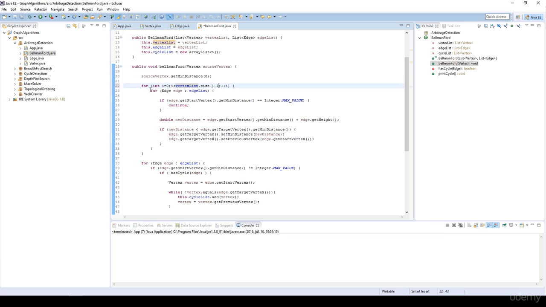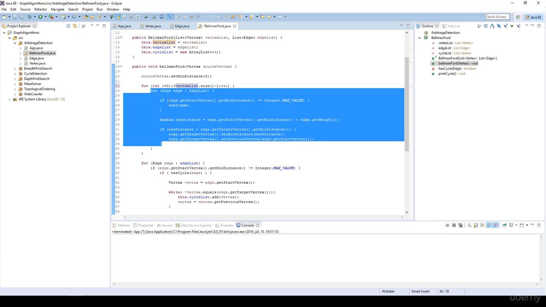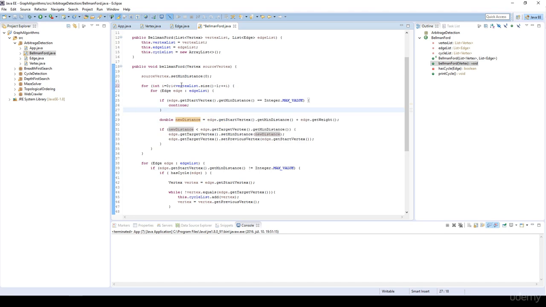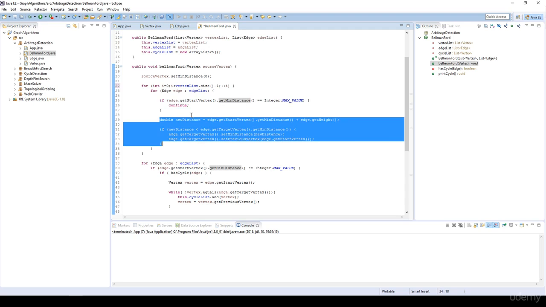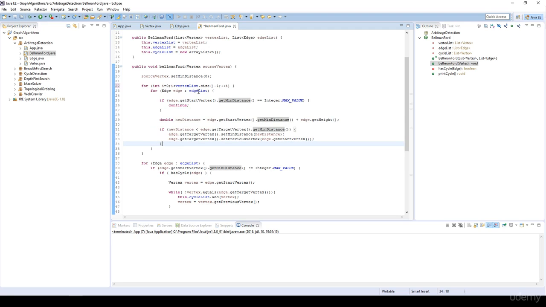Okay, and then we iterate through the edges and we relax the edges V minus 1 times, where the V is the vertex list dot size. Okay, if the edge's start vertex min distance is equal to the integer max value, we just continue, and anyways we pose the question: is there any better solution?